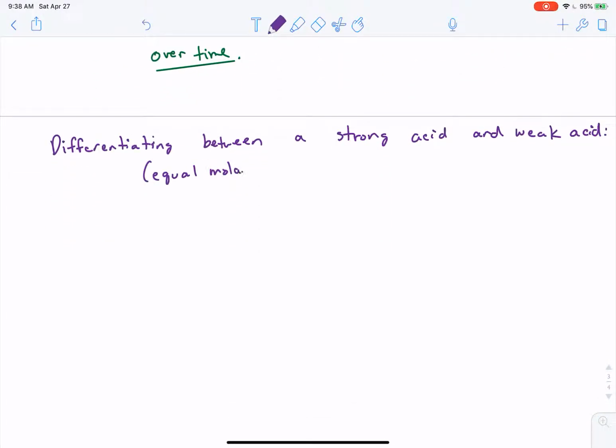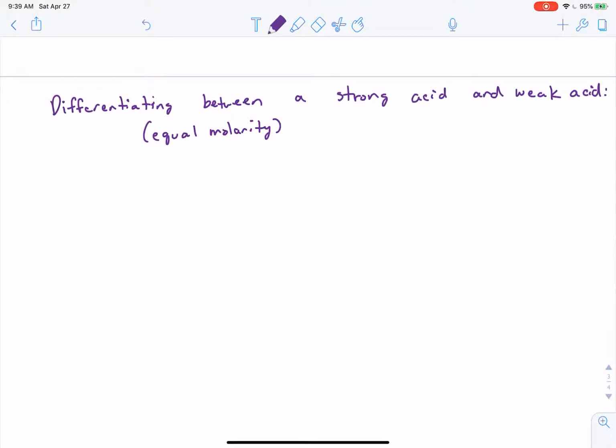Equal molarity. I think that's kind of important, because you could make a weak acid lower pH by increasing the molarity enough that it dissociates enough to be more acidic. But here we have equal molarity. So this is one of those conceptual questions. You're talking about how you would test it and what kind of results you would expect.